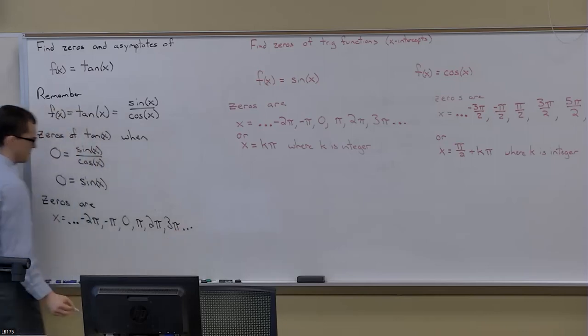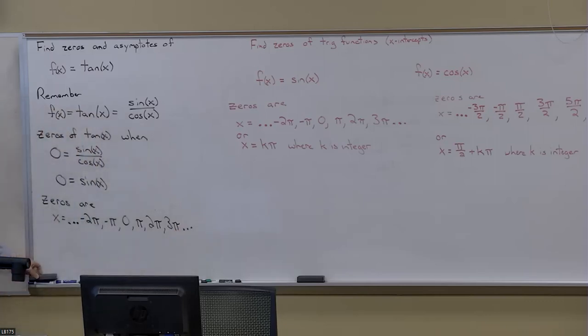Integer times pi is the more efficient way to write it, but I like writing out the zeros.